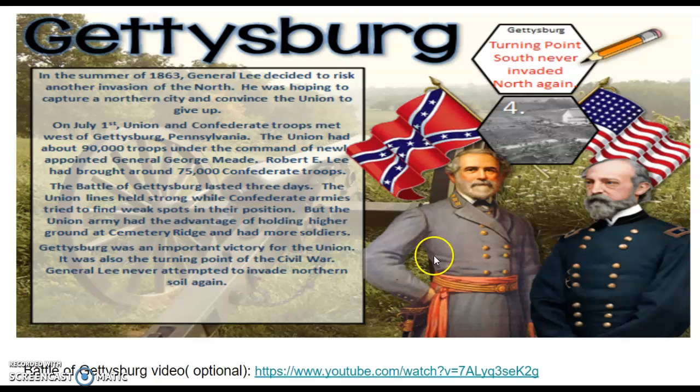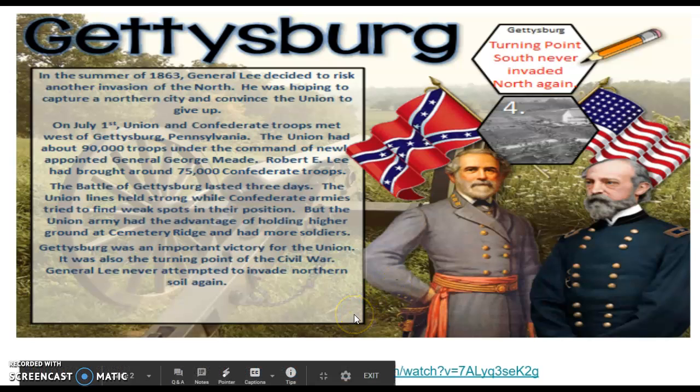So General Lee decided to invade the Union, which was only the second time that he had done that, and it was decisively one of the bloodiest battles of the entire Civil War. Out of all of the battles fought in the Civil War, this was by far the one that had the most casualties.